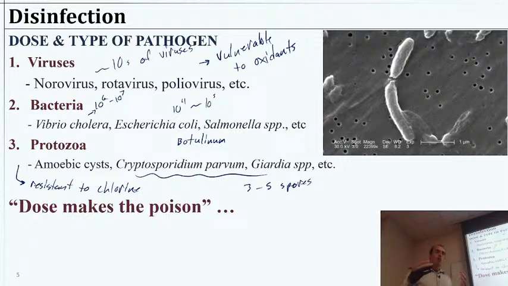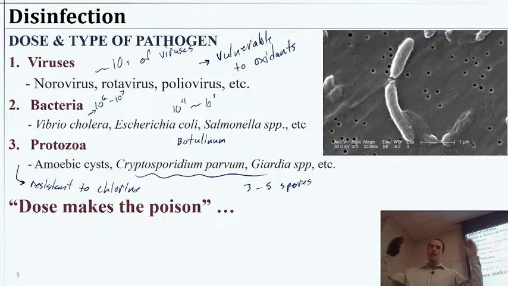And so with each of these, we have to consider, to what extent do we need to treat them? How do we design our system so that we are getting rid of enough viruses to make it not really a threat, right? How much treatment do we need in order to get the cryptosporidium down to the point where there's really one cell in a cubic meter of water at most, something like that.